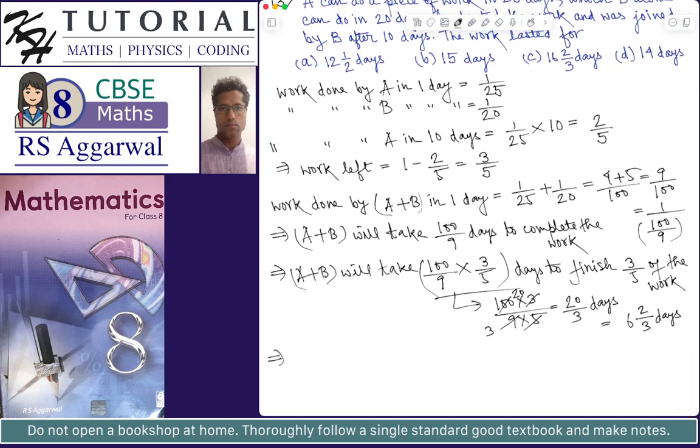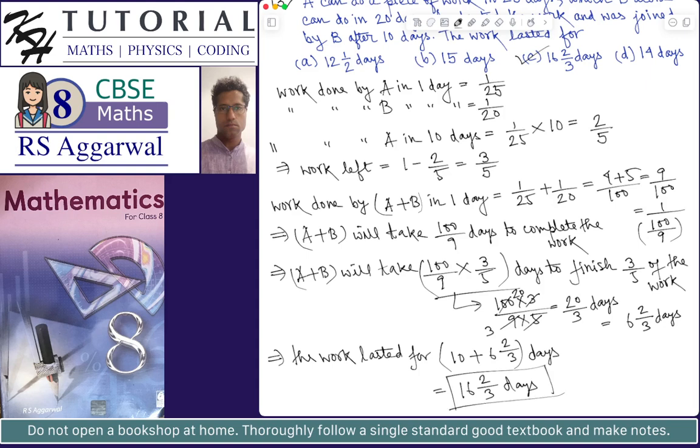So this implies the work lasted for 10 plus 6 and 2 by 3 days. This is equal to 16 and 2 by 3 days. So this is the answer. So the correct choice is C.